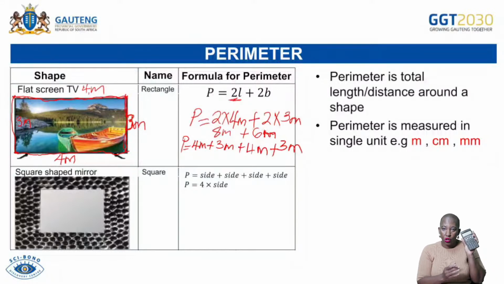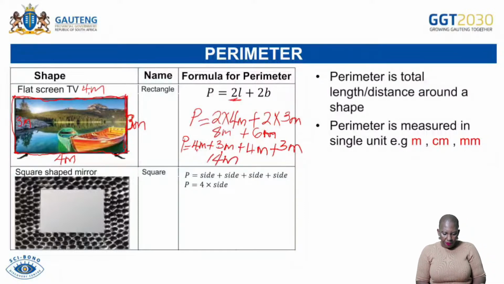I always prefer to use a calculator so that I am correct. Even if I can add within my head, I still need to make sure that I get the correct answer. 8 plus 6 is 14. When I add, 3 plus 4 is 7, and 4 plus 3 is 7, so all in all it is 14 meters.